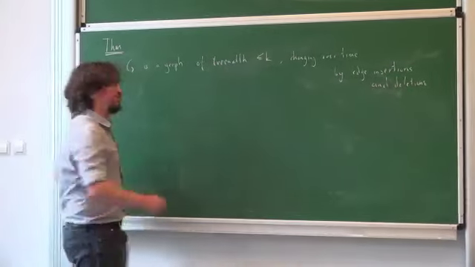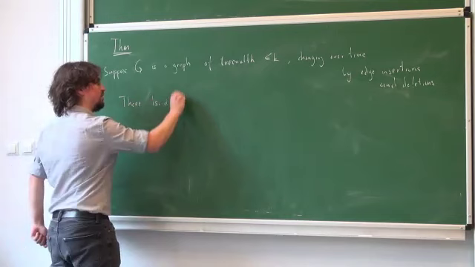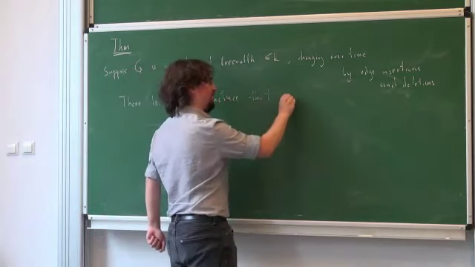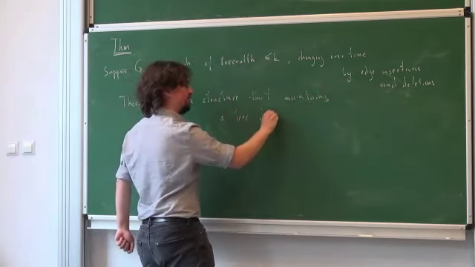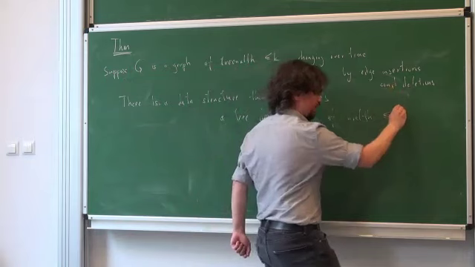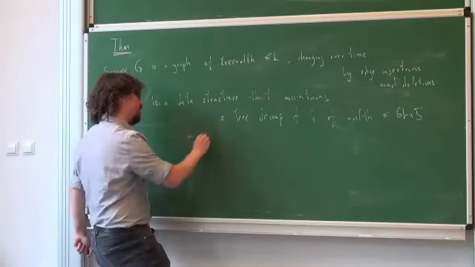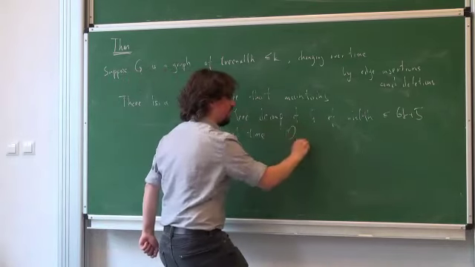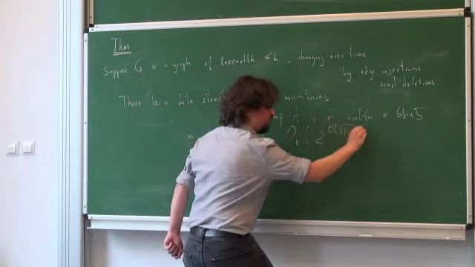So then it is possible: there is a data structure that maintains a tree decomposition of G of width at most 6k plus 5, as far as I remember, in amortized time of 2 to the order of square root log n times log n.